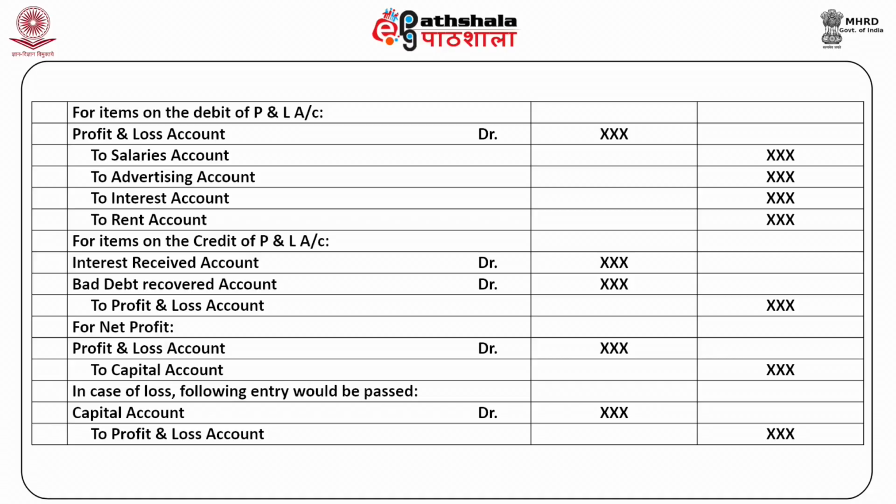For items on the credit of P&L account, interest received account and bad debts recovered account are debited to the credit of profit and loss account. 3. For net profit, profit and loss account is debited to the credit of capital account. In case of loss, the following entry would be passed: capital account debited to the credit of profit and loss account.